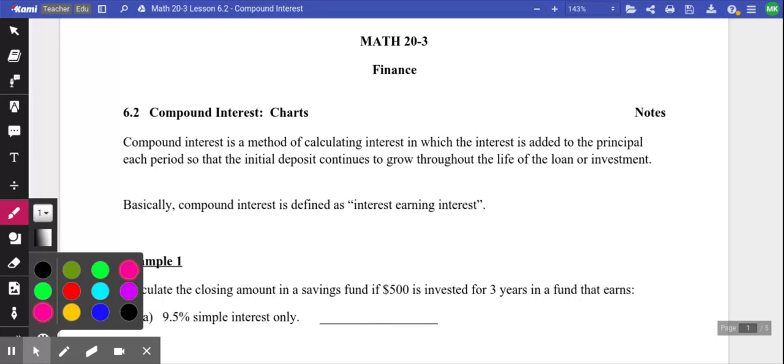Simple interest is nice. It's a quick way to estimate how much money you're ever going to owe someone or they'll owe you, but it's just not really realistic. More often than not, when you see mortgages or car loans or Visas, they do something called compound interest. What compound interest means is that when you borrow something, say you borrow $1,000, they're going to charge you interest every month. That's called compounded. So they'll say, okay, after 1 month, you owe me $10 more.